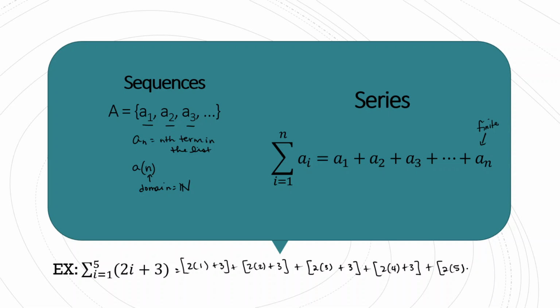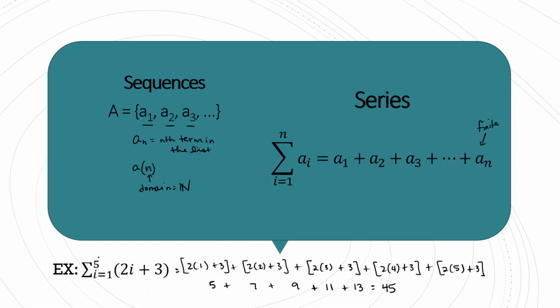When we get to i equal 5, we stop, and then we add them all up. So this is 5 plus 7 plus 9 plus 11 plus 13. When we add those up, we get 12, 21, 32, 45.